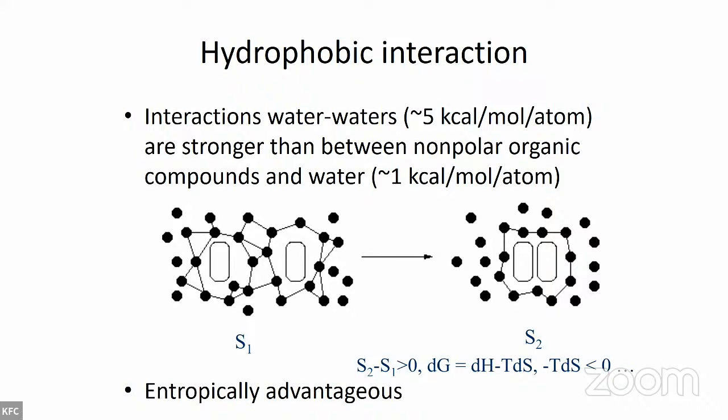So it is usually also allowing the waters that would otherwise be bound on the surface of the non-polar molecule to be released. So it's also entropically more advantageous to cluster non-polar compounds.